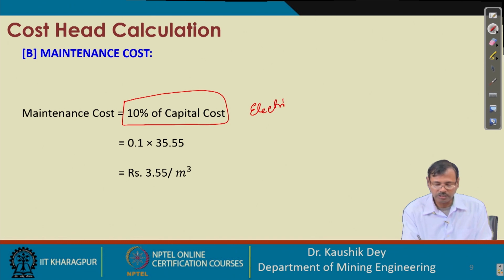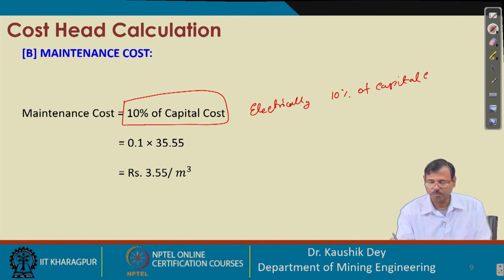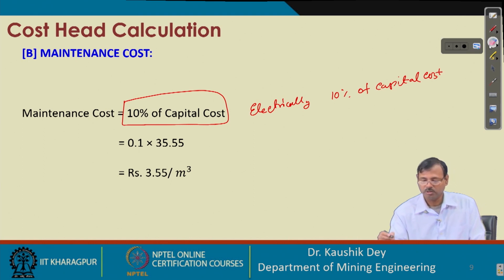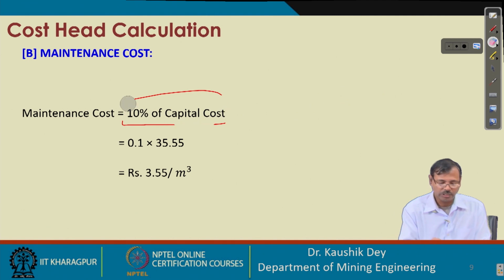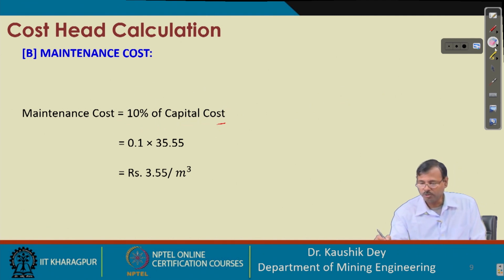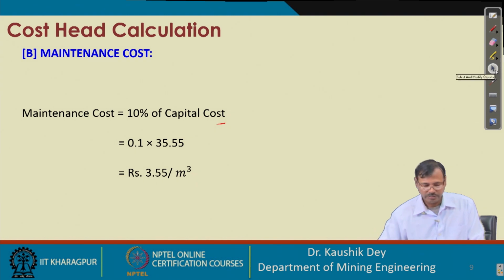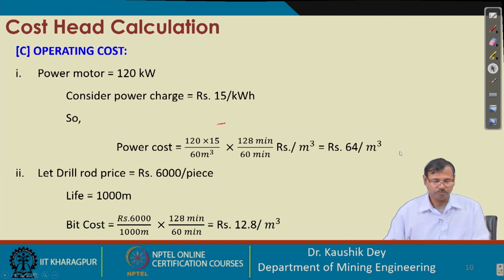So, we consider that electrically operated machines have maintenance cost of 10% of capital cost. Okay. So, as it is 10%, it is 3 rupees 55 paisa, which we have added in the maintenance cost. Now, let us calculate the operating cost.